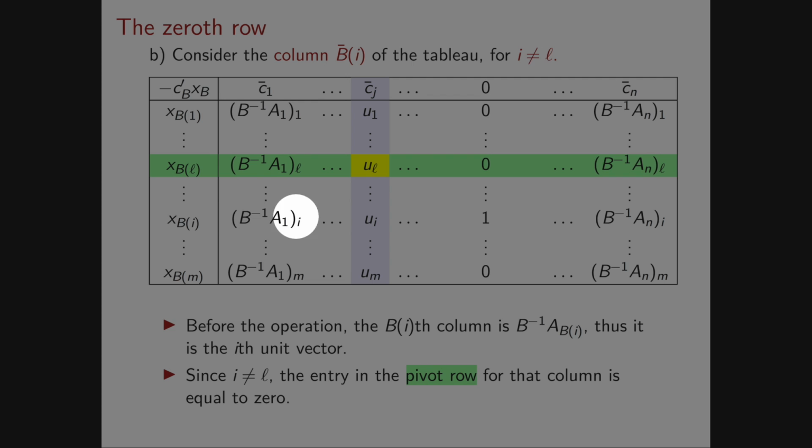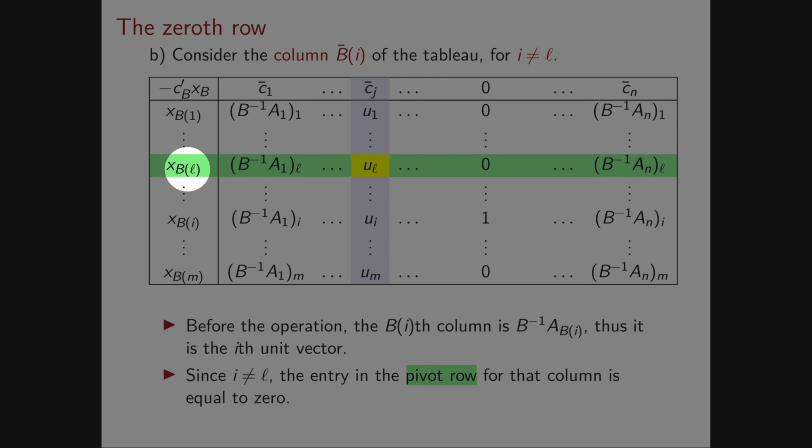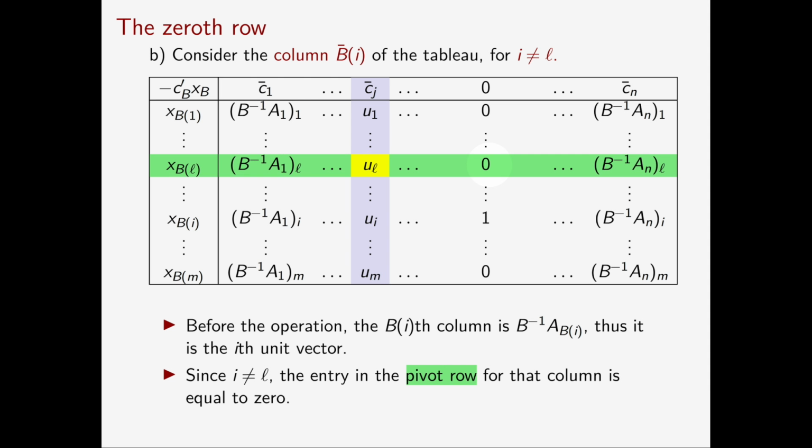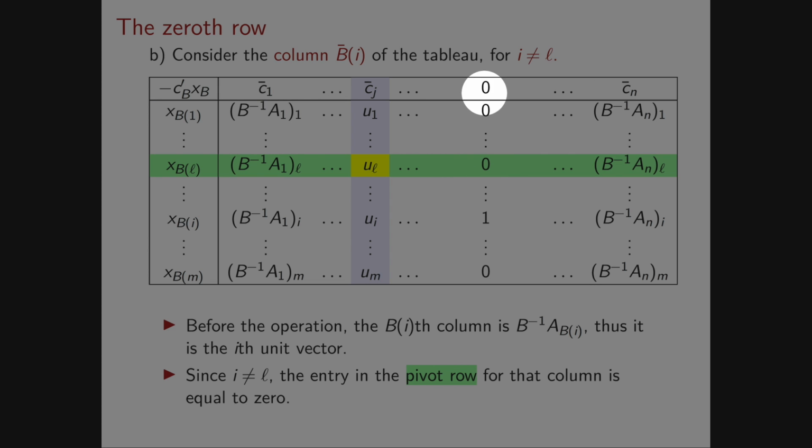Of course, the 1 appears in the row I. And everything I need to observe at this point is that the row I is different from the row L, just because we're assuming that I is different from L. Therefore, this 1 will be somewhere in this column, but not in the pivot row. And this implies that in the pivot row, the entry of this column will be 0.